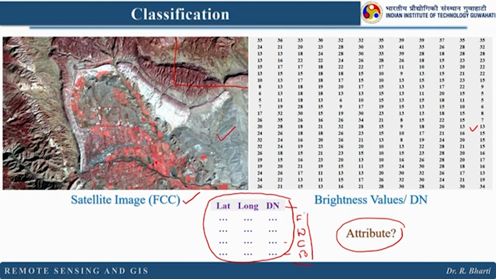If you can append information like this DN value corresponds to forest, this value corresponds to water, this value corresponds to other classes, then this is known as an attribute table. This is what we will get after the classification: the location, the previous DN values, and the classes. So let us see how we can do this.